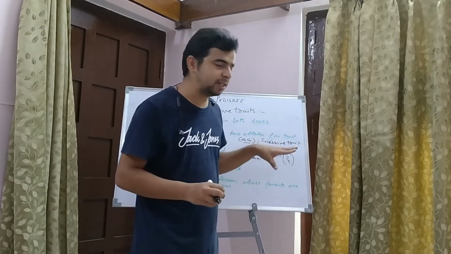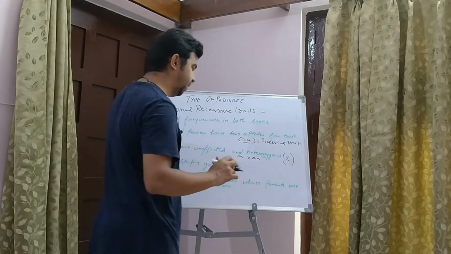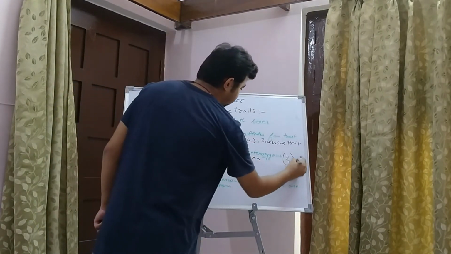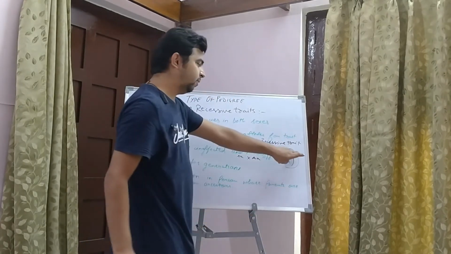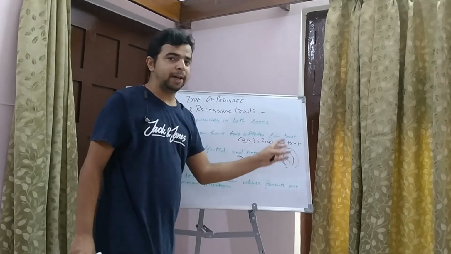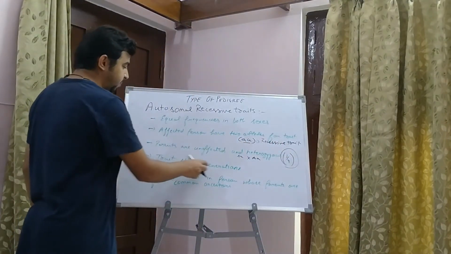Only when recessive traits are present will this character appear. So that's why the ratio is also very low. Out of 4 offspring, only 1 offspring will be affected by the trait. So 1 by 4.